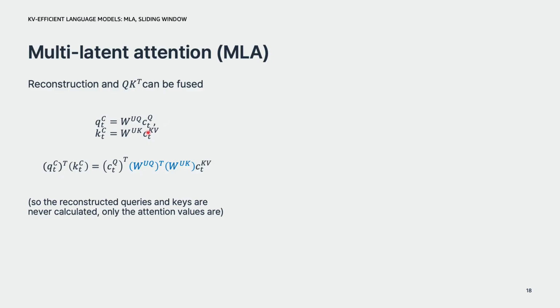If we plug these equations into the dot product, you can see that the W which projects the query latent, and another W which projects the KV latent to the key, can be fused into a single operation. In other words, the reconstructed queries and keys are never calculated. Only the attention values between queries and keys are.